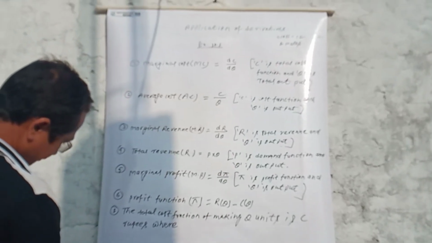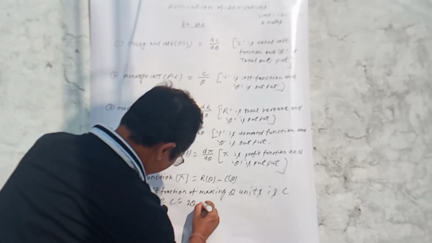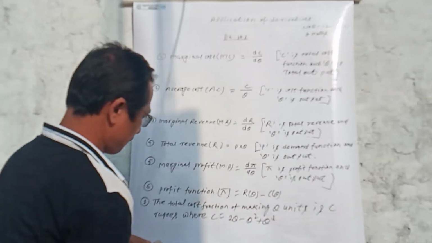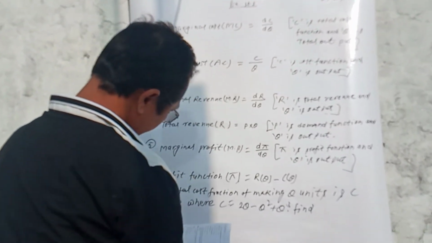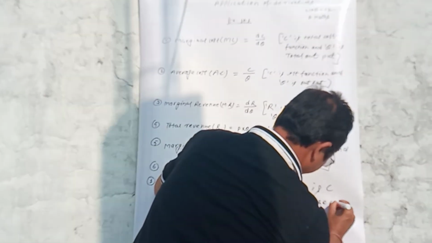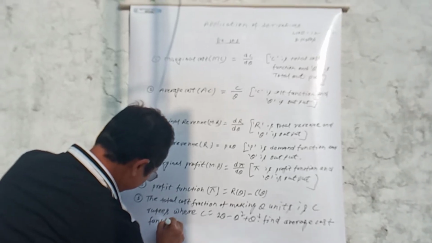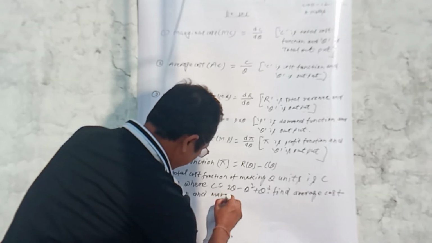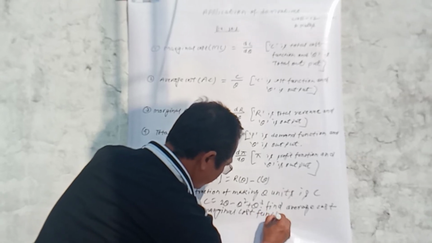where C is equal to 2Q minus Q square plus Q cube. Find the average cost function and marginal cost function.